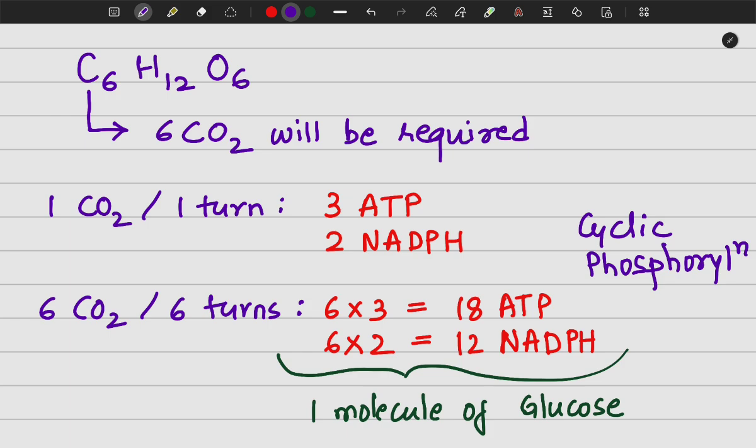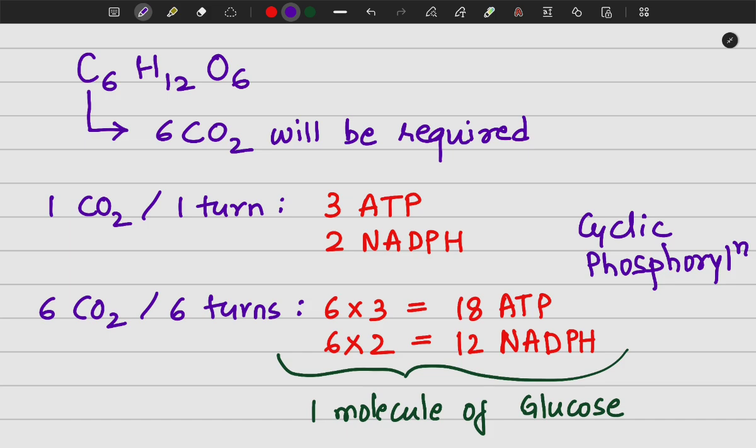More ATP were utilized in the C3 cycle or the Calvin cycle as compared to NADPH, and therefore to compensate for the loss of more ATP, the extra ATP are generated utilizing the cyclic phosphorylation.